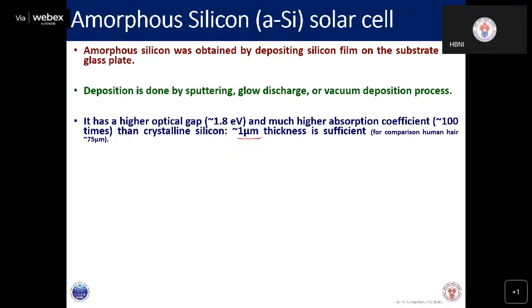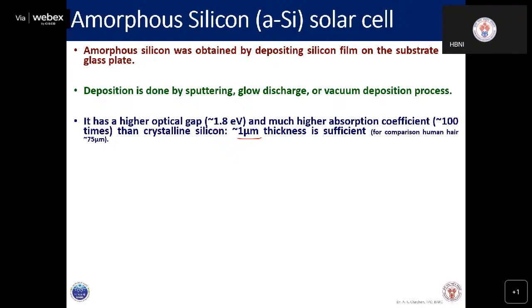You must have seen in earlier calculators a small solar cell which used to give power. These are the amorphous silicon solar cells, thin film solar cells.